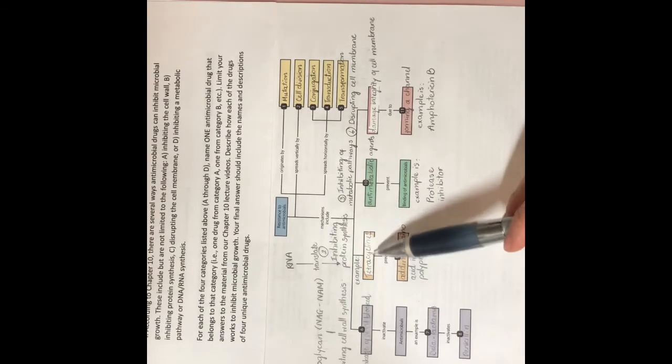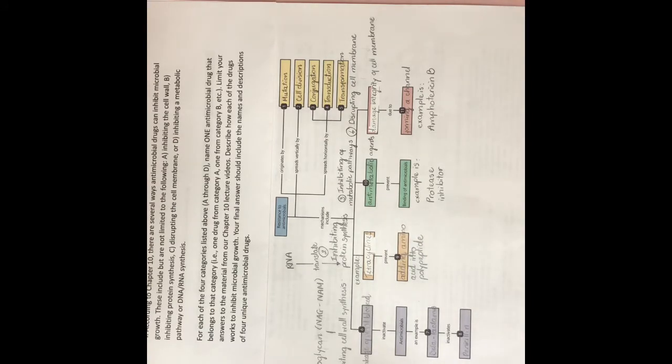It means the drug would not be harmful to humans because we are eukaryotes. For example, tetracyclines block the tRNA A site, so it does not allow adding amino acids into the polypeptide.